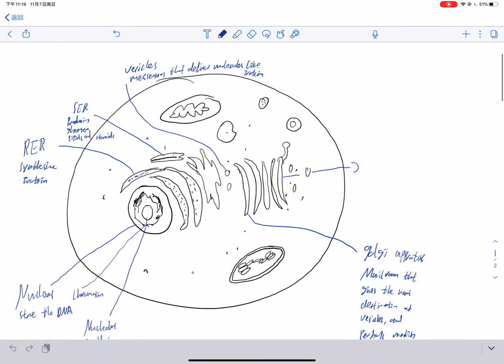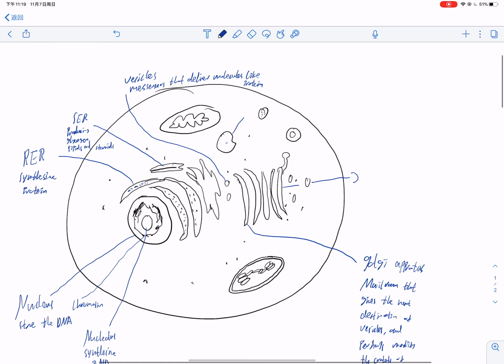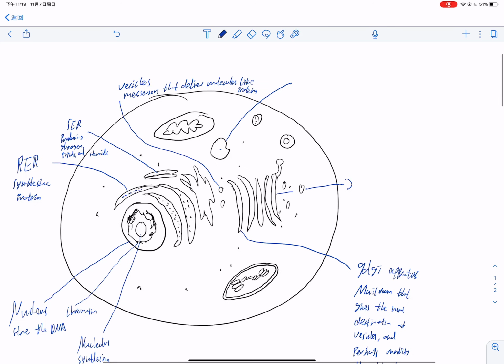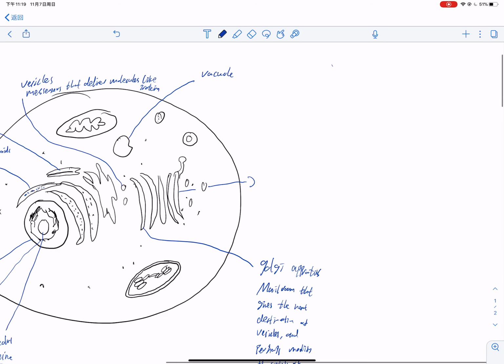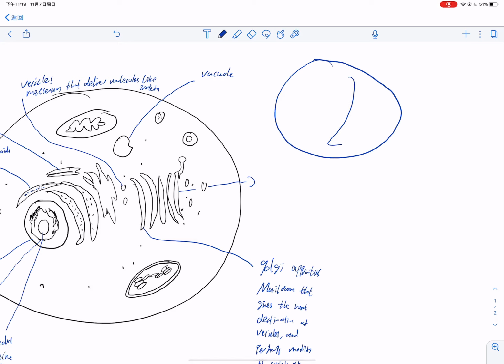Alright, so for example, it's delivering these vesicles to outside of the cell. And this thing here is a vacuole. Vacuoles are typically pretty small in animal cells, and they don't really do much in animal cells. But in a plant cell, the vacuole can be this big, and it's one of the most critical organelles in the plant cell.